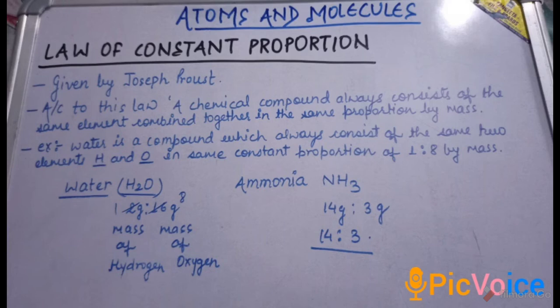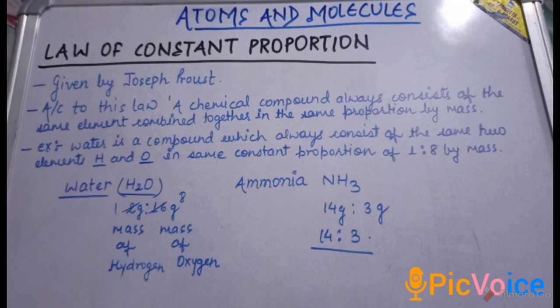For example, water. Water is a compound which always consists of the same two elements, hydrogen and oxygen, combined together in the same constant proportion, which is 1:8 by mass.